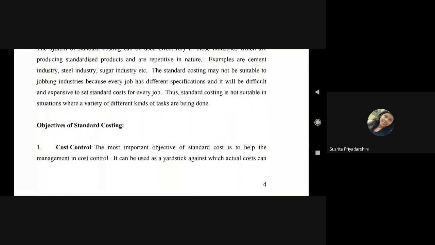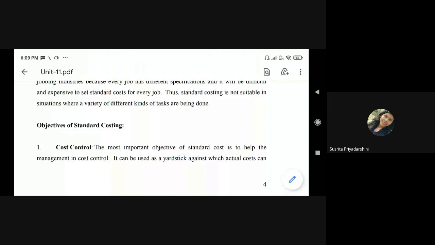So if standard is fixed at 5.5 per unit, then when the purchasing department is going to order, it will keep in mind that the standard is 5.5. So I should not go beyond 5.5 per unit.